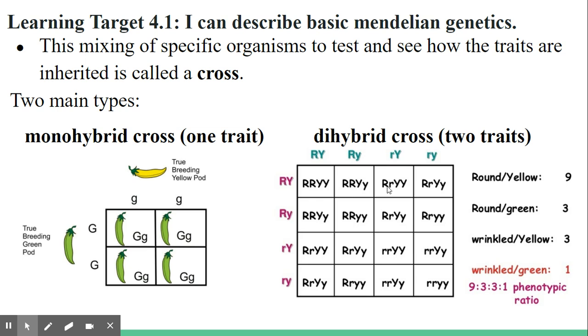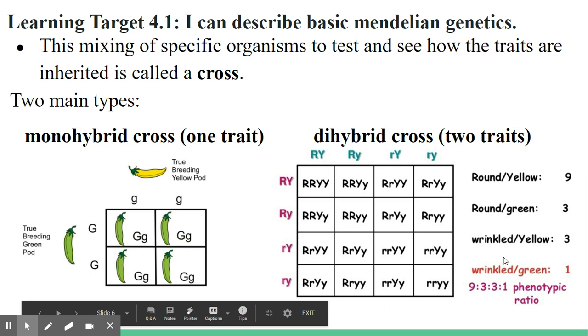The big R is still going to dominate over the little r, and then the big Y, meaning it's still a round yellow phenotype. I want you to be able to pull out those different varieties within this Punnett square, which is what these are called.